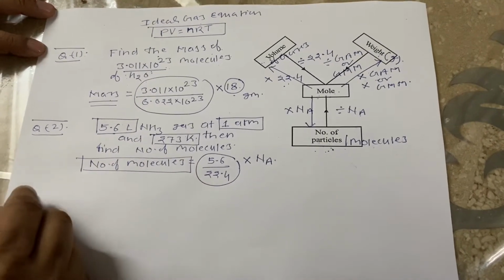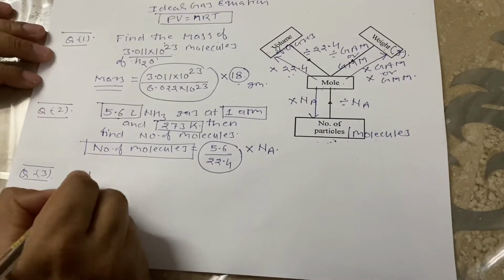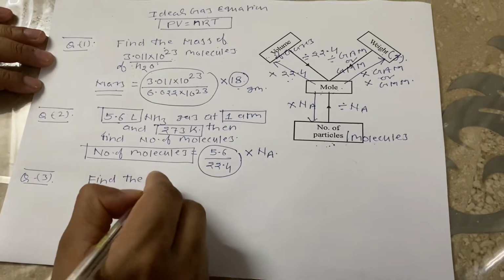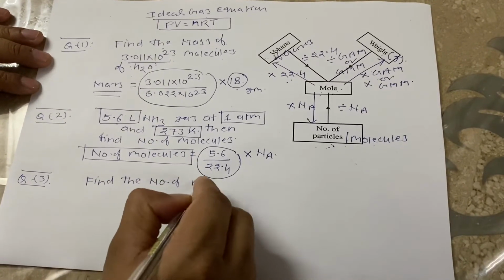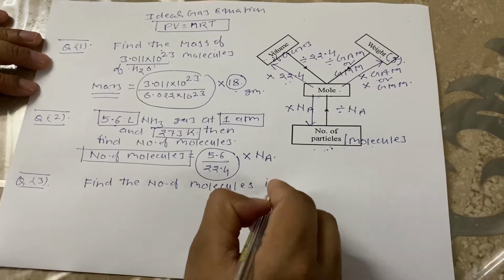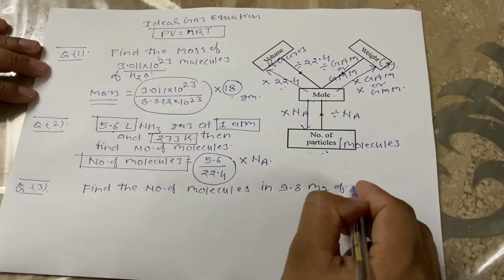We can take one more example: find the number of molecules in 9.8 milligram of H2SO4.